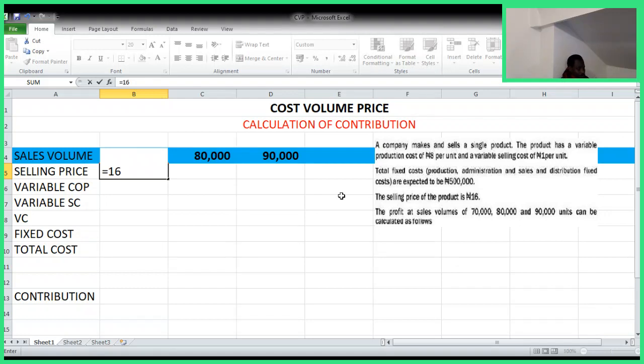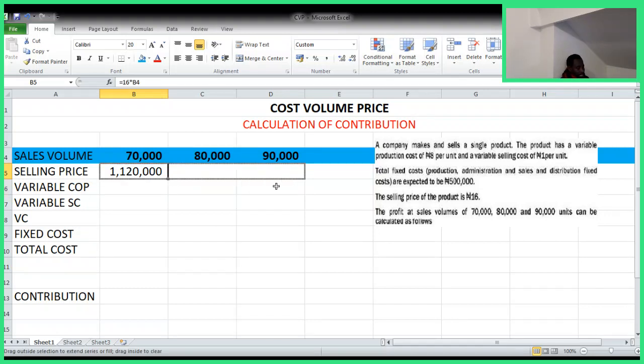So we have 16 multiplied by our sales volume, which is 70. So we have this, and we can derive it for 80 and 90 volume as well.